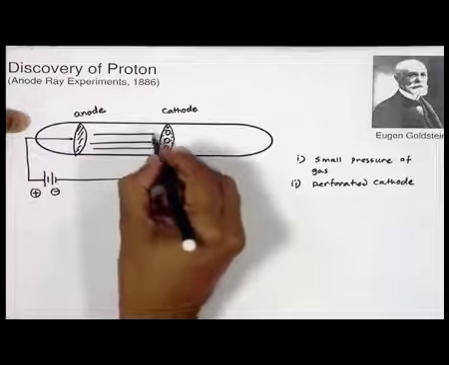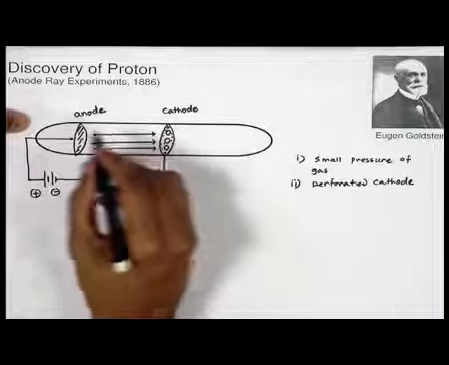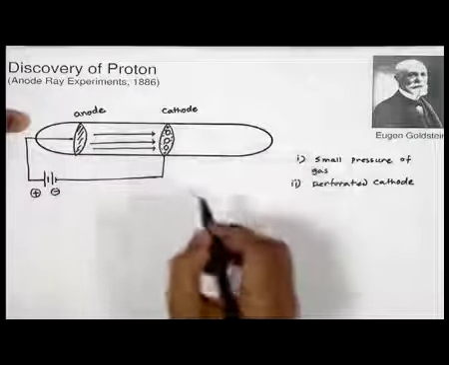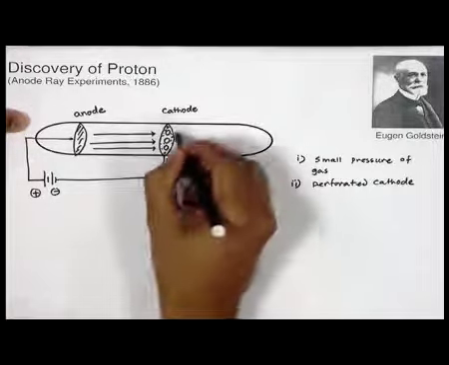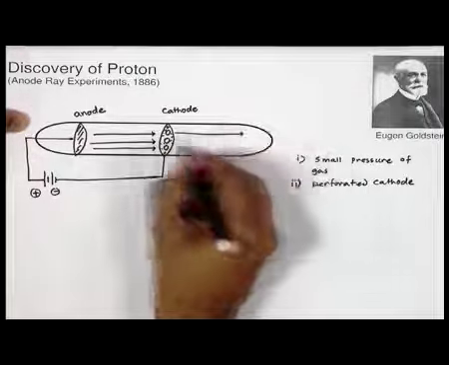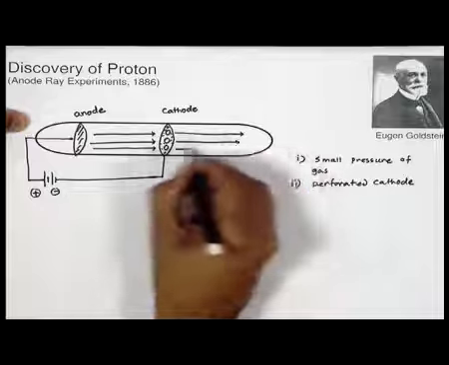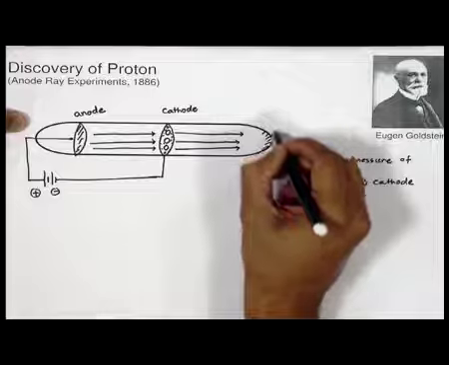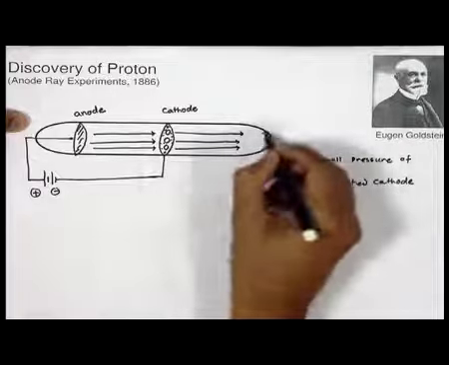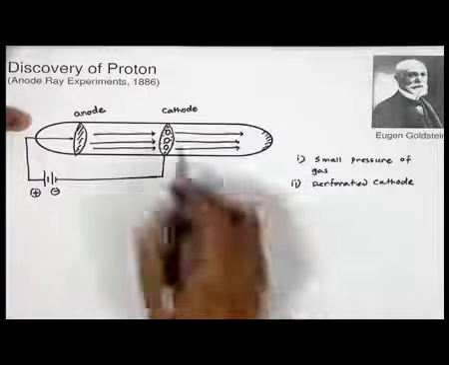So, we see some rays now from anode to cathode, and these are positively charged. Since we have a perforated cathode plate, these rays pass through the cathode and can hit the screen. We can have a zinc sulphide coating here, so that we can see the bright light when the rays hit the screen.